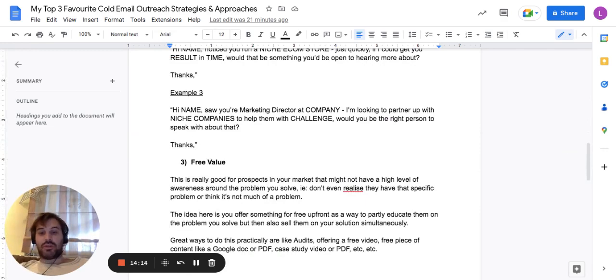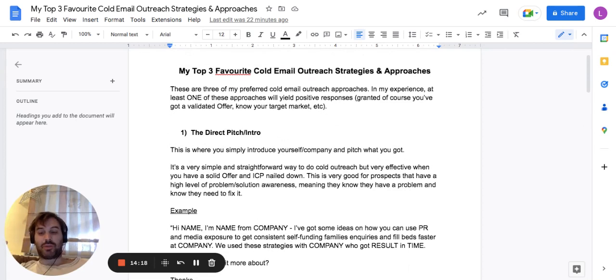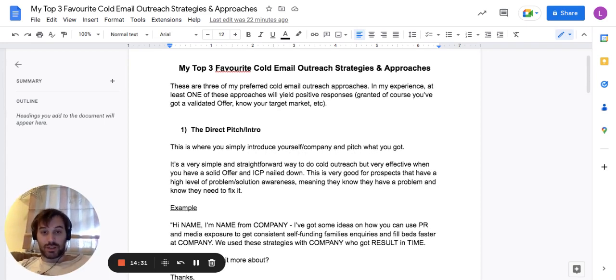My personal preference, though, is to test all 3 at the same time, especially if you've got enough prospects, because it's the fastest way to get the data rather than doing one and then the other and then the other. If you just test them all at the same time, you just get it faster, basically.